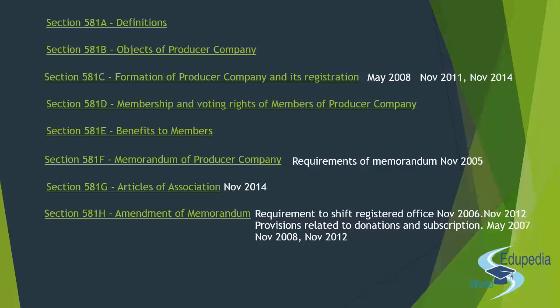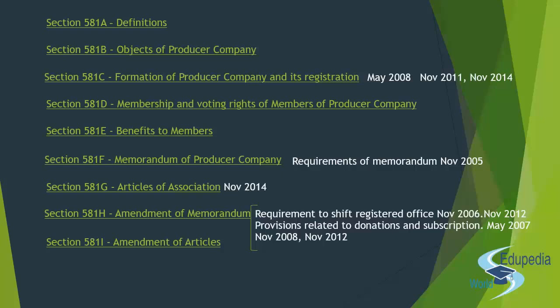Okay, next is section 581I, which is the amendment of articles. So far you have not been asked a question on the amendment of articles, and November 2014 was the first attempt when you were asked a question on the articles of association. So maybe this has been a lucky escape so far, but amendment of articles can be a question in your next examination, right?